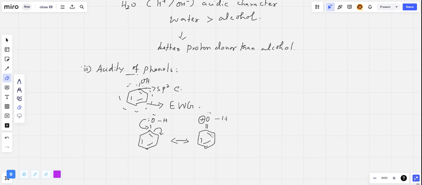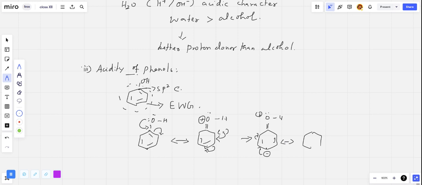The negative charge is here. Then it moves, so in the ortho and para positions, electron density increases. Electron density will increase in ortho and para positions.